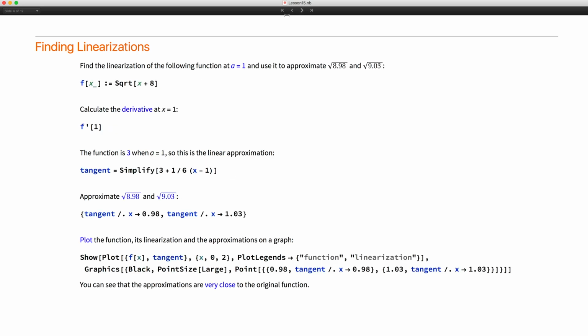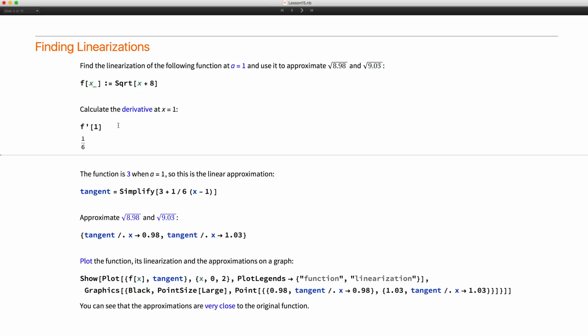And as an example, let's take this function f of x equal to square root of x plus 8. And what we want to do is to approximate the values of the square root at 8.98 and 9.03 using this function. Now, obviously, when x is 1, the square root of 9 is just 3. So what we do is we work near 1, and you get back f prime at 1 is 1/6.